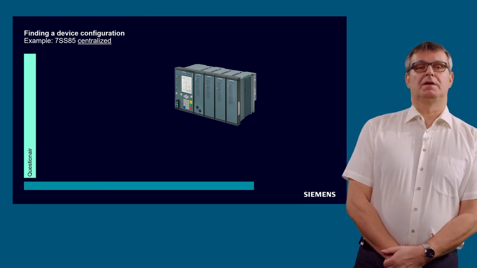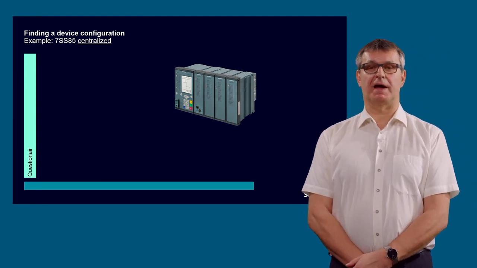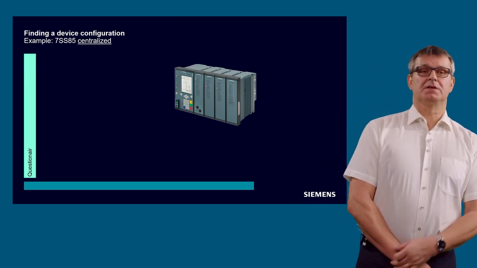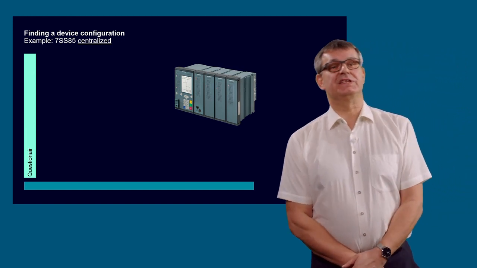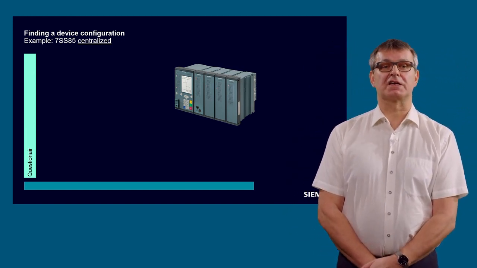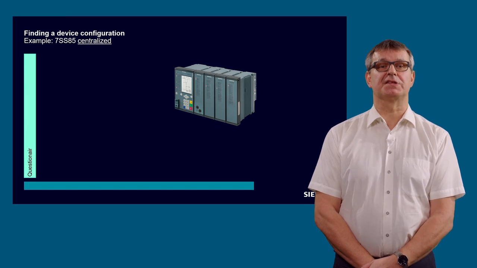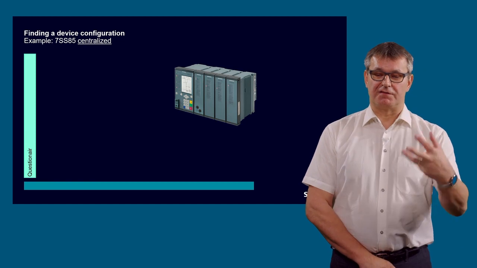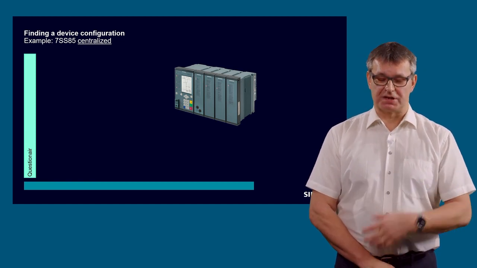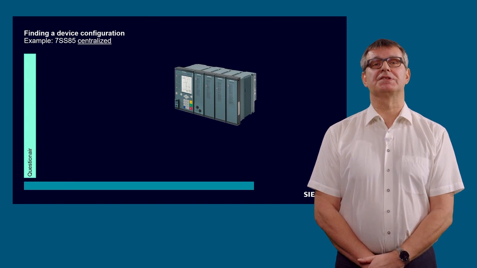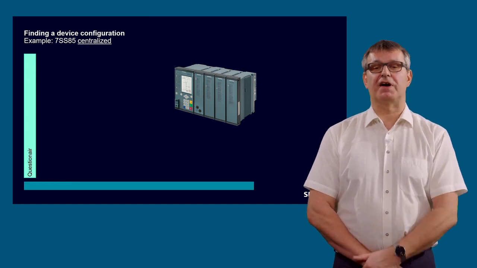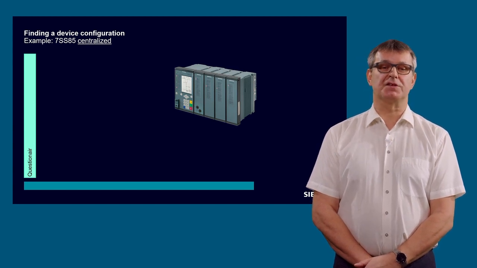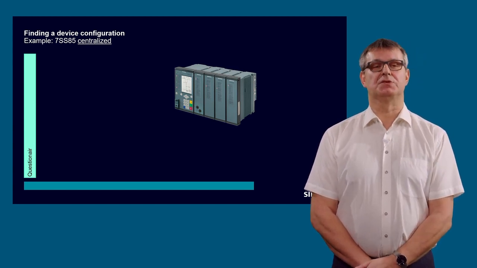Okay, finding a correct device configuration is split into 3 parts. First part, the 7SS85 centralized, find a correct device configuration for the 7SS85 centralized busbar protections. Next, of course, will be find the correct configuration for the 7SS85CU, and finally find, which is more or less a combination, the correct devices for the IEC 62150 compliant distributed solution.